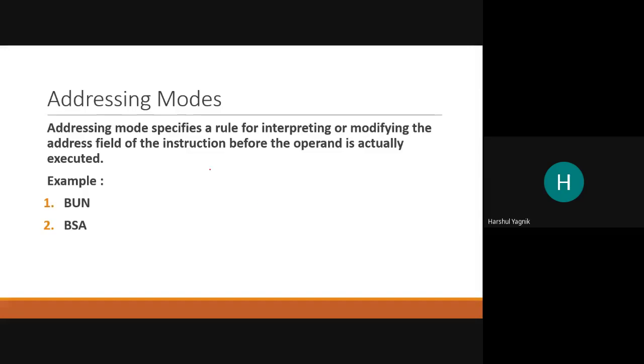For example, there is a BUN instruction, branch unconditionally. This instruction would have an opcode and some address where the program counter has to branch.